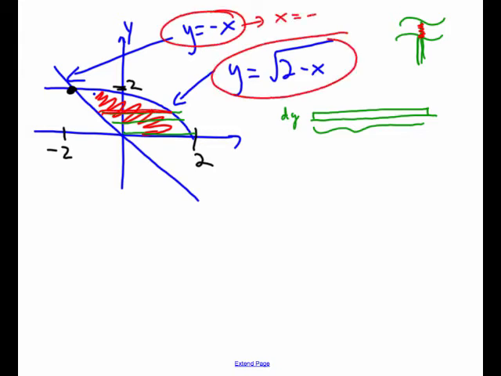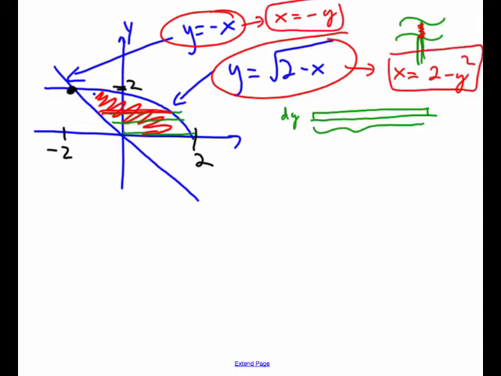So this would be x equals negative y, and if I square both sides and rearrange, I'm going to get that to be x equals 2 minus y squared. My integral I'm developing will be with respect to y, because thickness is a piece of y, and because to get the heights we have to subtract two x values, and therefore x must be isolated, so we can take this value minus this value in terms of y.